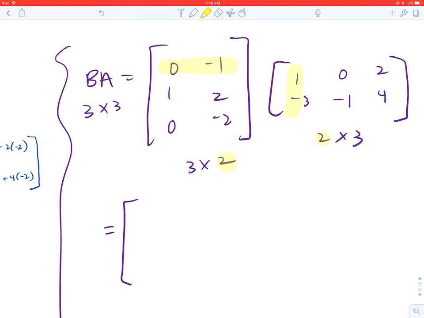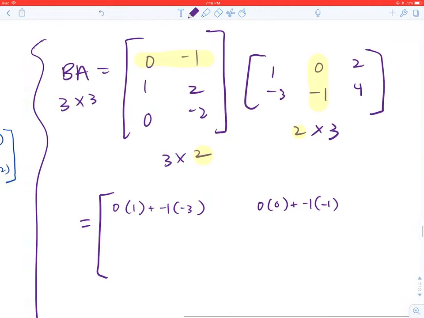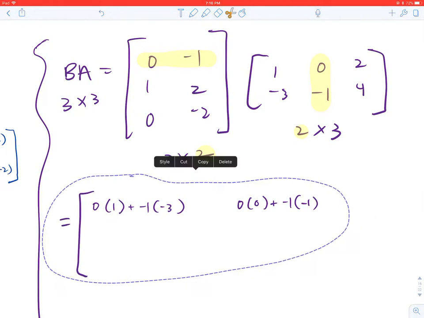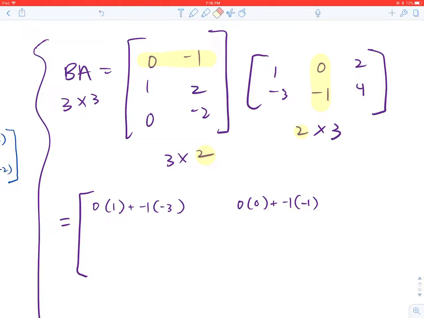Okay, so we'll go row 1 by column 1. Then row 1 by column 2. And then finally, let me get myself a little more room. Row 1 by column 3.